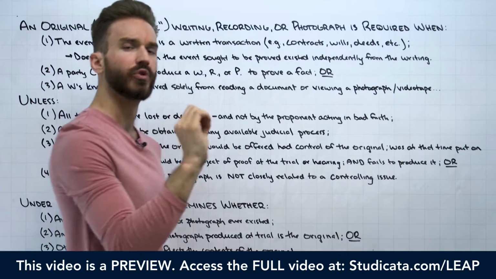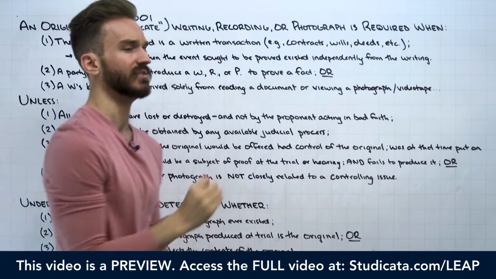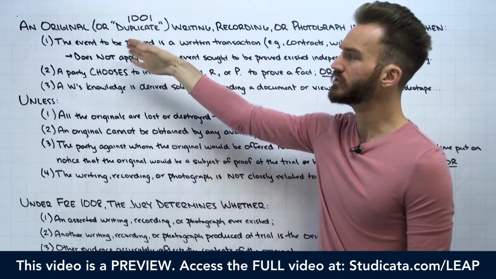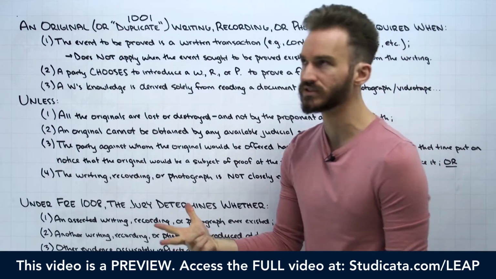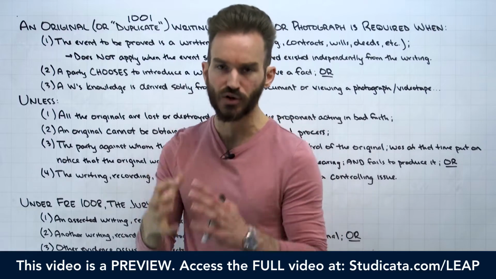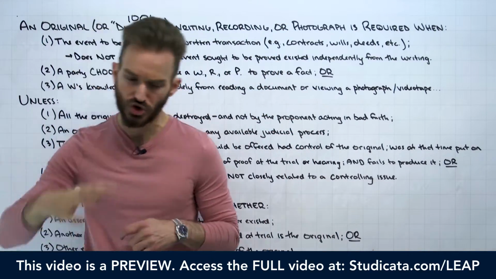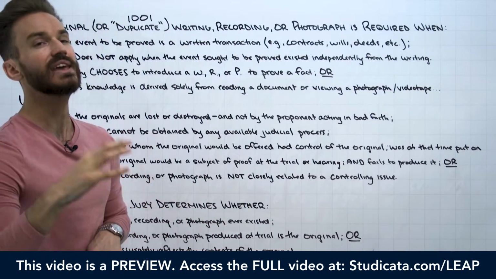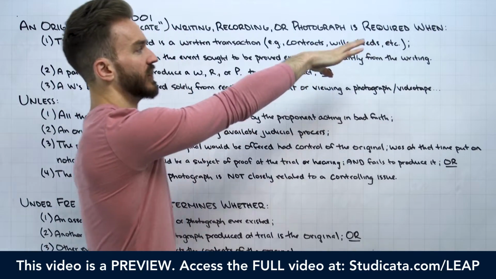You have to put forth the original, or a duplicate as defined by 1001 of the Federal Rules of Evidence, right? So this is pretty easy to see. Any type of contract, will, trust, deed, anything that has legal effect when you execute it. Any document that in and of itself, when you execute it, has some sort of legal effect, then we need the original or duplicate, right? That just straight triggers 1001.